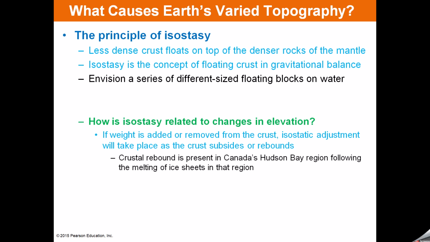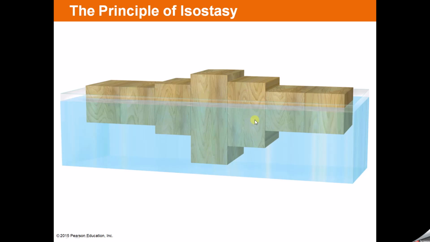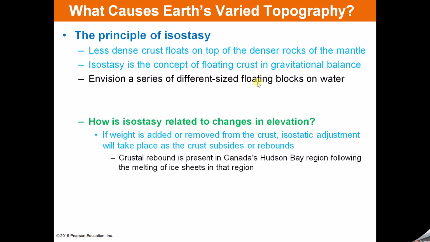And we know we have the lithosphere, which is the very upper mantle plus the continental and the oceanic crust. That lithosphere is floating above the mantle. It's very light and floating above the mantle. Isostasy is the concept of floating crust in a gravitational balance. And the example here is the floating of different sizes of blocks on water.